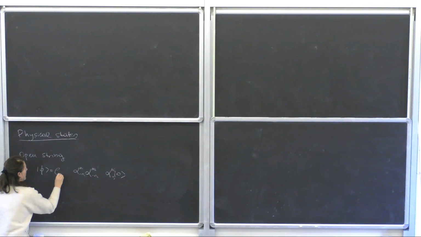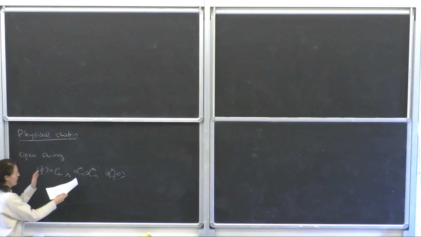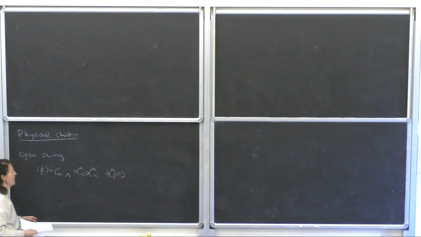One can put a polarization tensor, and we'll see the symmetry. So we'll start constructing the spectrum for a few alphas.